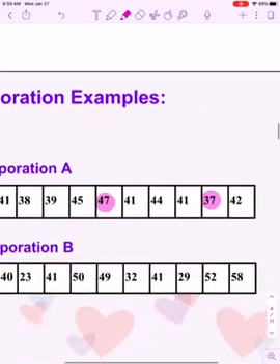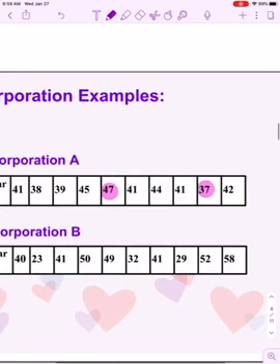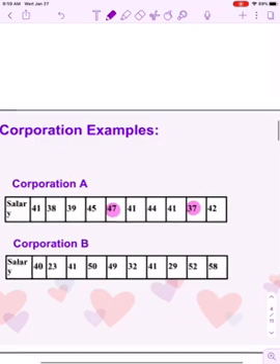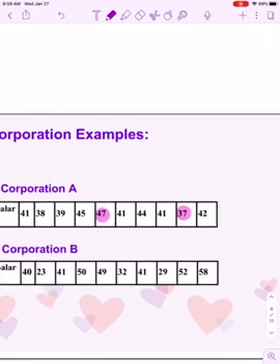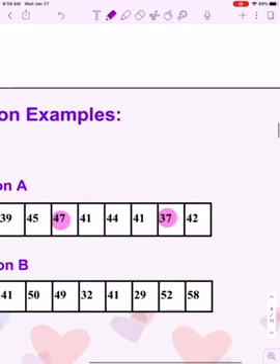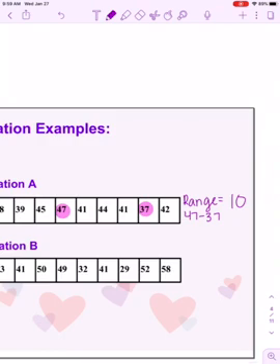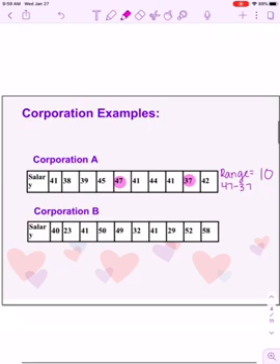So you don't start off very low, 37 is pretty high, but you also don't top out very high. If by the end of your career you're only making $10,000 more than you were at the beginning, that might not be great. So the range is just going to be 47 minus 37, which is 10. So the people at the bottom and the people at the top only vary by $10,000 a year.